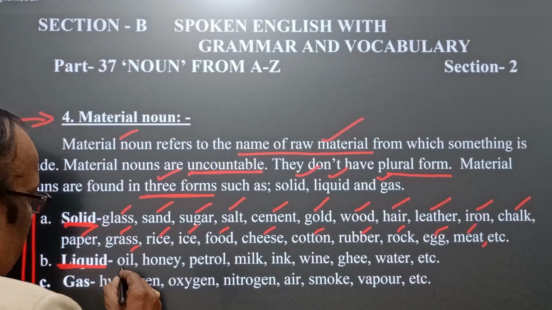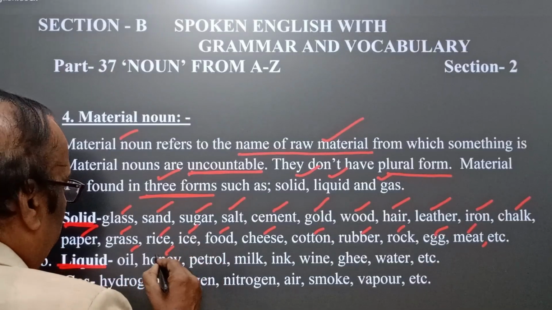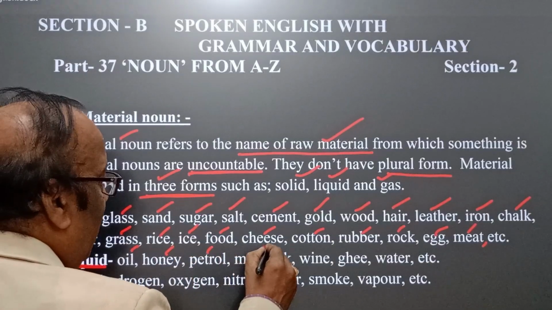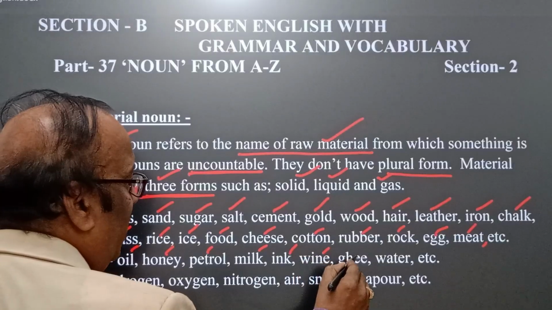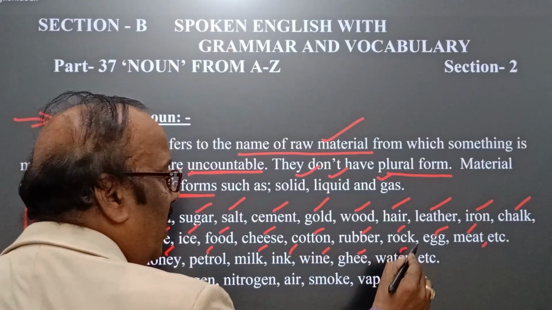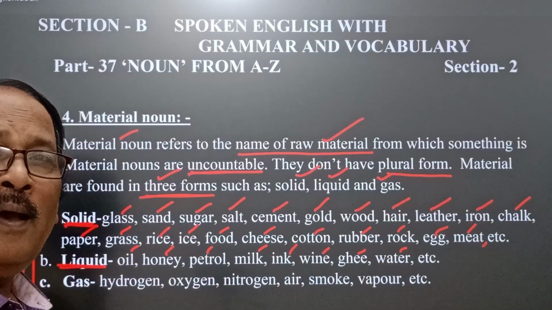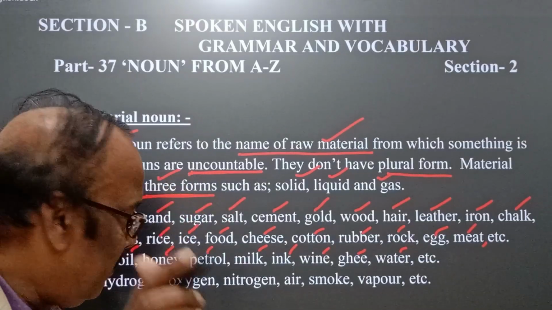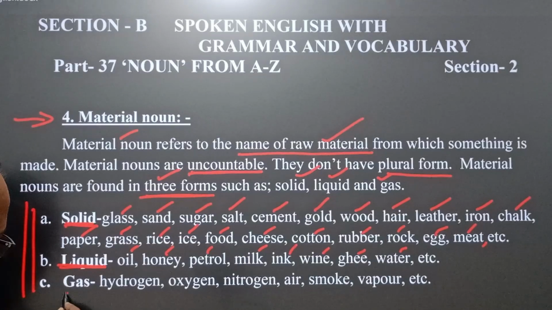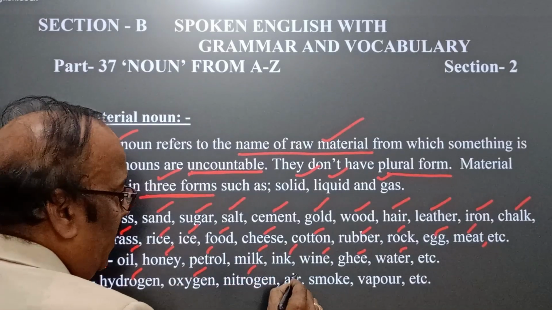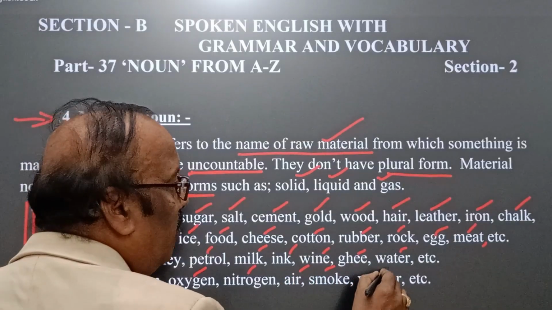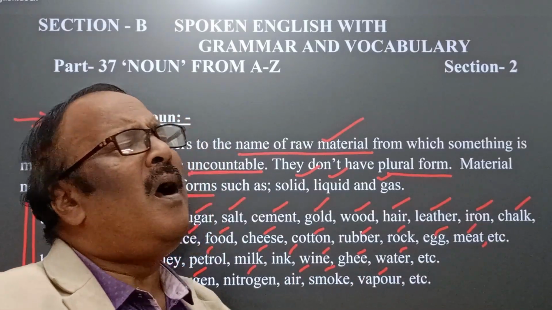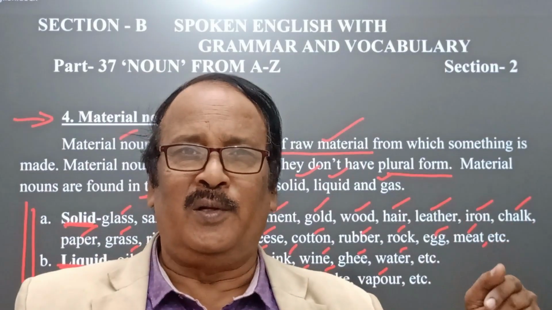Here oil, honey, petrol, milk, ink, wine, ghee, water, etc. are the examples of liquid form of material noun. Okay. Now come to gas. You see, hydrogen, oxygen, nitrogen, air, smoke, vapor, methane, and many other gases.